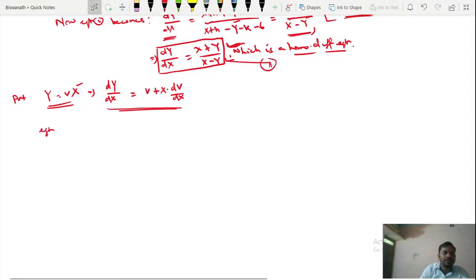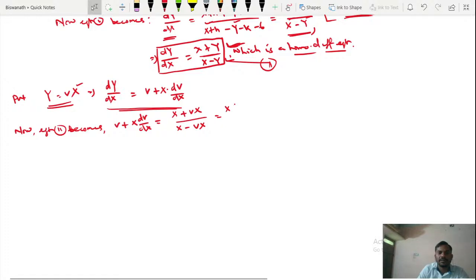Now equation 2 becomes: in place of dy by dx I will put v plus x into dv by dx. This is equal to x plus y, and in place of y I will write vx, similarly x minus vx.